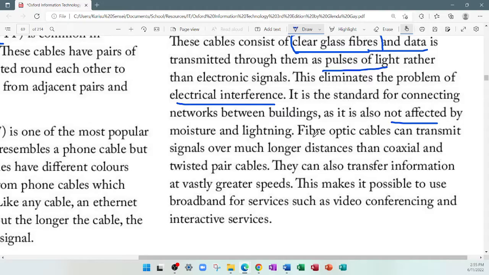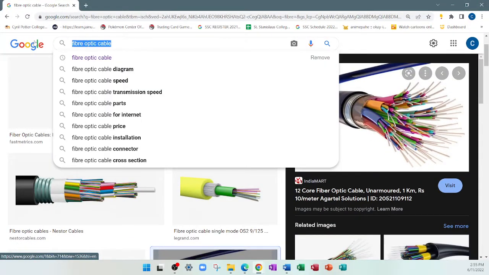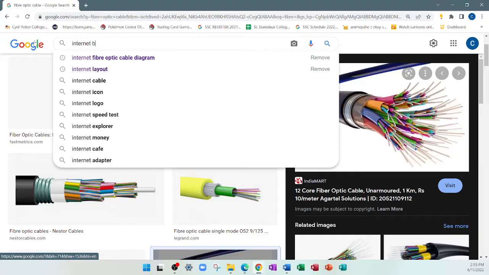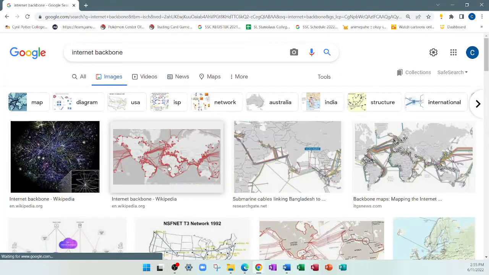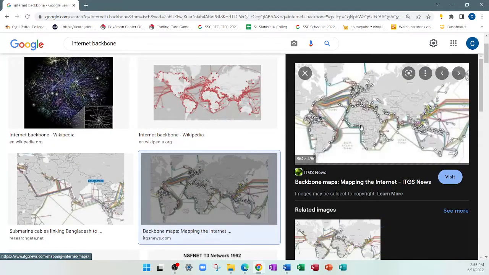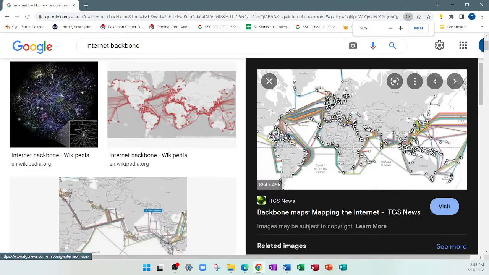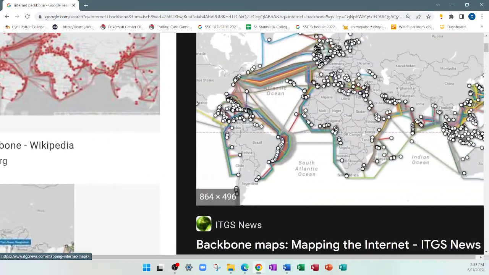Now, the data can be transferred for longer distances, and that is why the internet backbone, the configuration of the internet, looks like this.